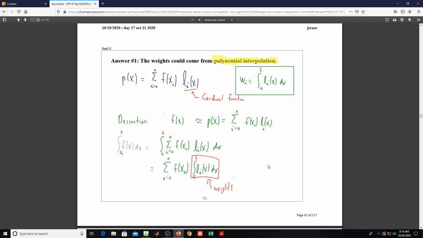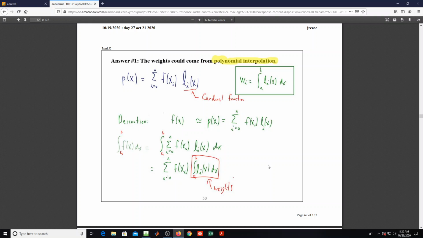So here's answer 1. Where do the weights come from? The weights could come from our Lagrange interpolation formula. So these would be the cardinal functions. What we'll do is integrate each of these cardinal functions, because they're polynomials that approximate it.